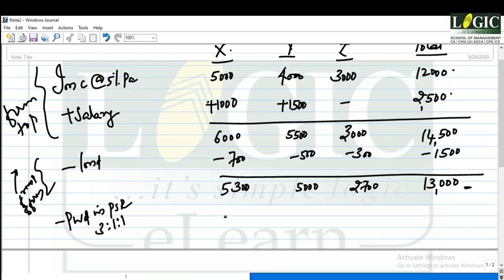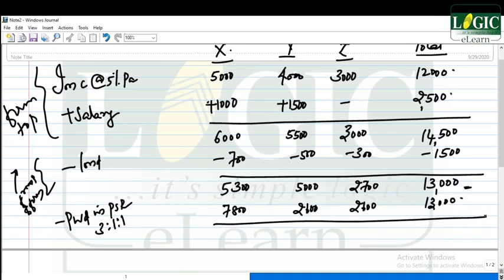So 13,000's 3 by 5 will be 7,800. 1 by 5 will be 2,600 and again 2,600. So totally 13,000.